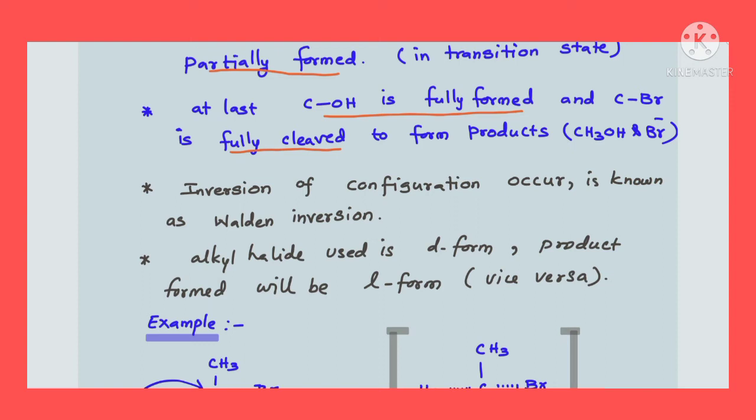Or otherwise, if you use an alkyl halide of L form, the product formed will be the D form. So we are getting a configuration opposite to the reactant we have taken. That is, the product formed has an inverted configuration relative to the reactant taken, which is called inversion of configuration.